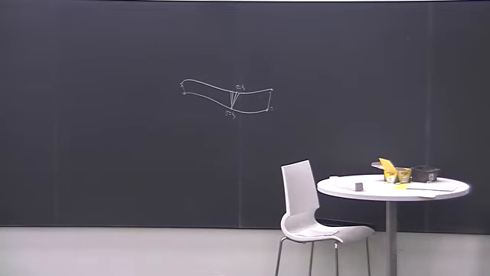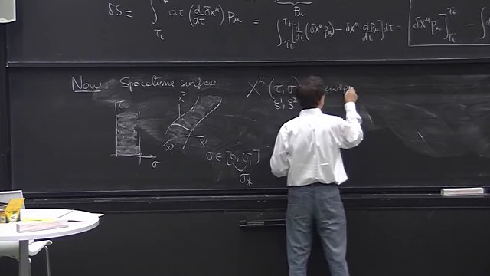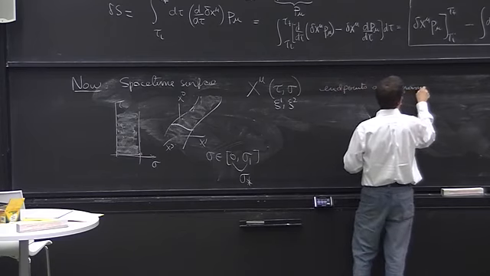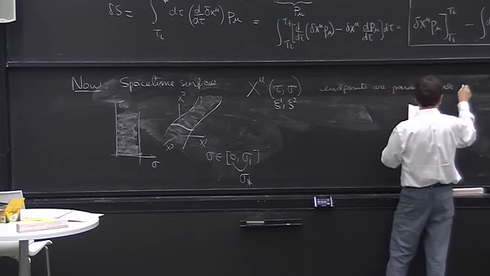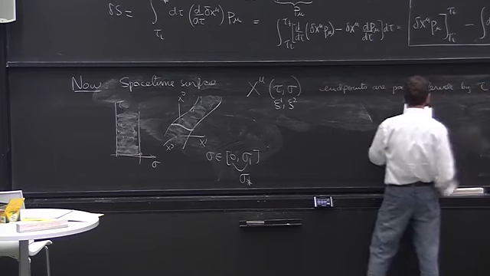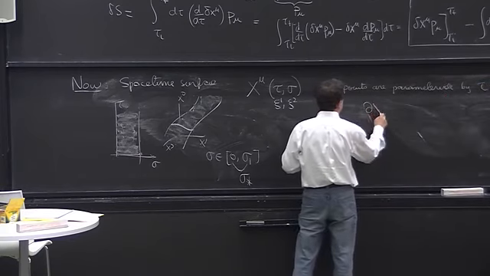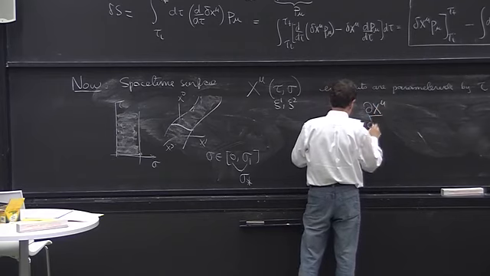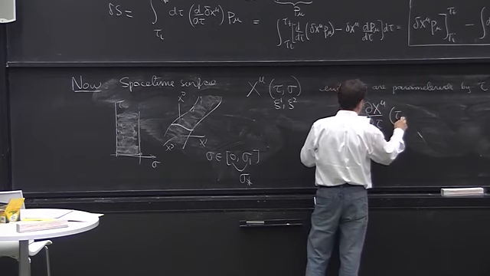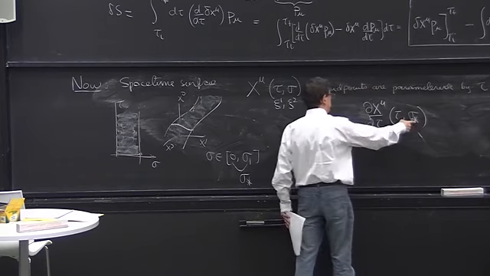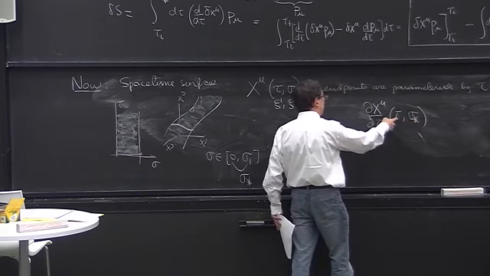So the endpoints are parameterized by tau. So you will have, for example, dx^mu/d tau at sigma star. So you're looking at an endpoint. It's parameterized by tau.